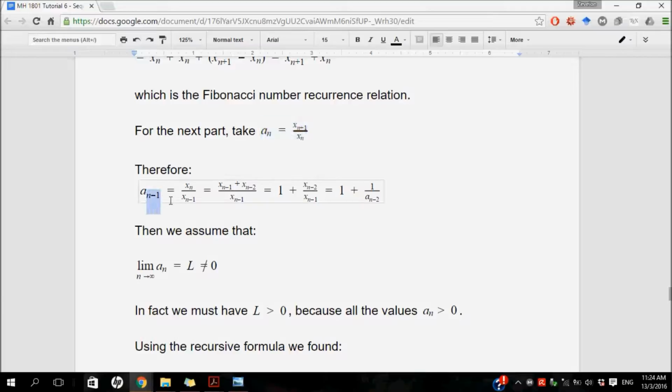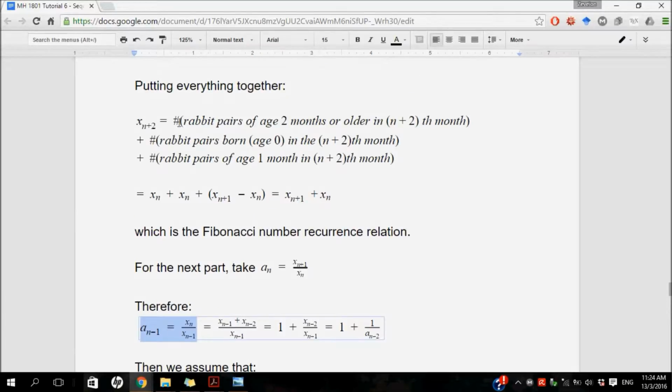We look at an plus 1. This is by definition xn divided by xn minus 1. We will make use of the Fibonacci recurrence relation. So xn would be the sum of the previous two terms, xn minus 1 plus xn minus 2. That explains this part of the equation.